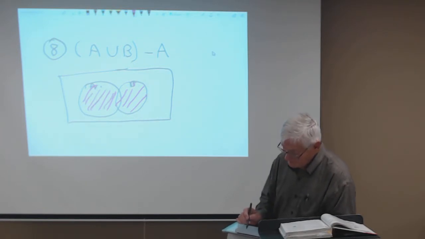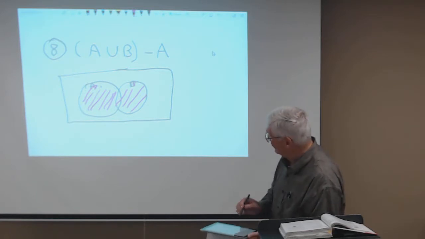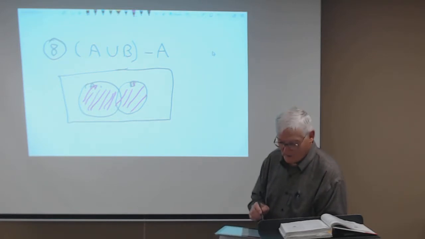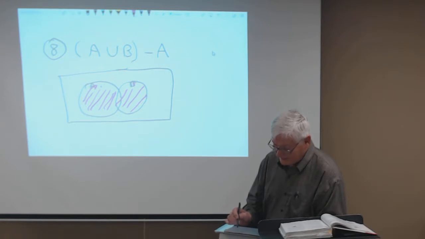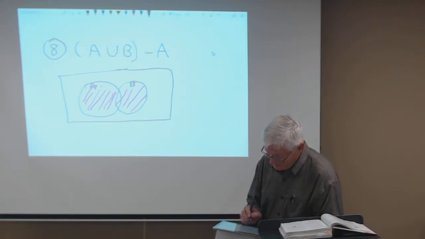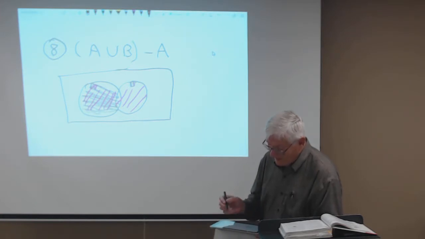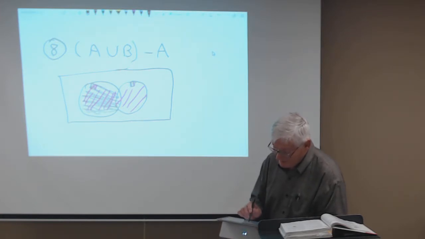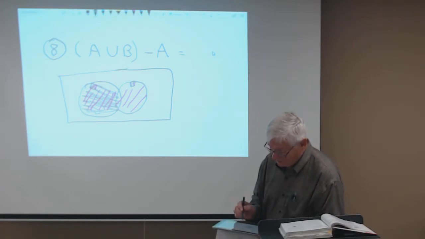And then, what do I want to subtract from this part that's shaded in red? A. I want to subtract A. So, let's change to this color, see what that color gives me. So that means I'm going to take everything here away. Everybody see that? I'm subtracting A. So what am I left with? You're left with B. What does that equal?